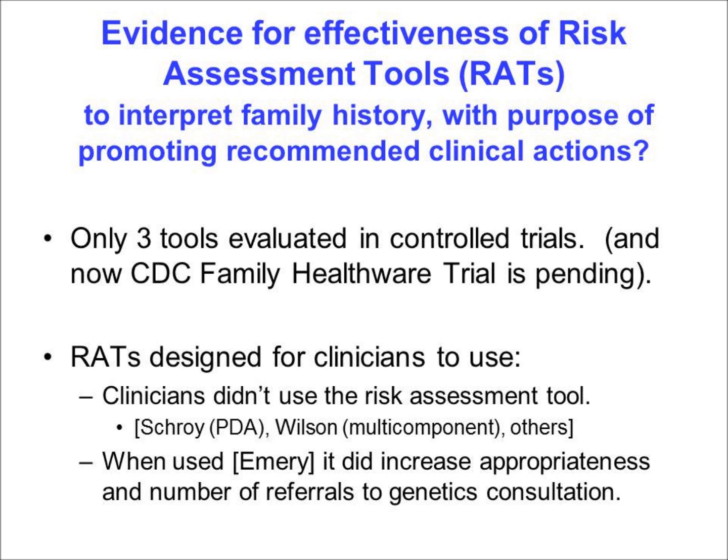What they also found was that risk assessment tools that clinicians had to use, the clinician had to take the family history and put it into a tool, they didn't use it. That's not a surprise to me. If they did, one study showed that it did increase the appropriateness of referrals for genetic consultation, which is a small subset of our patients.